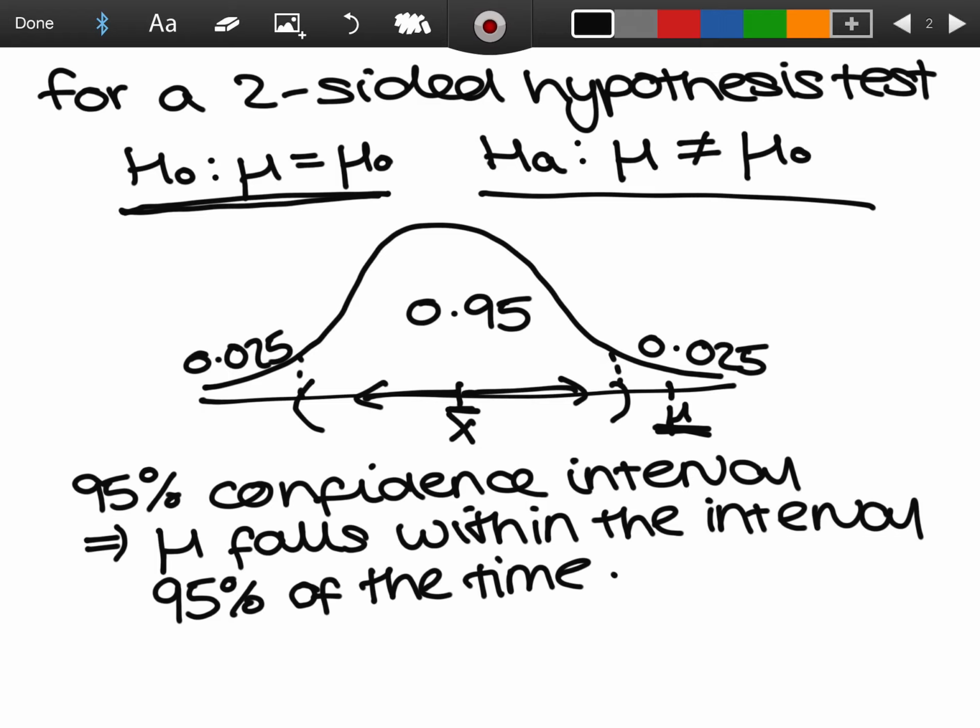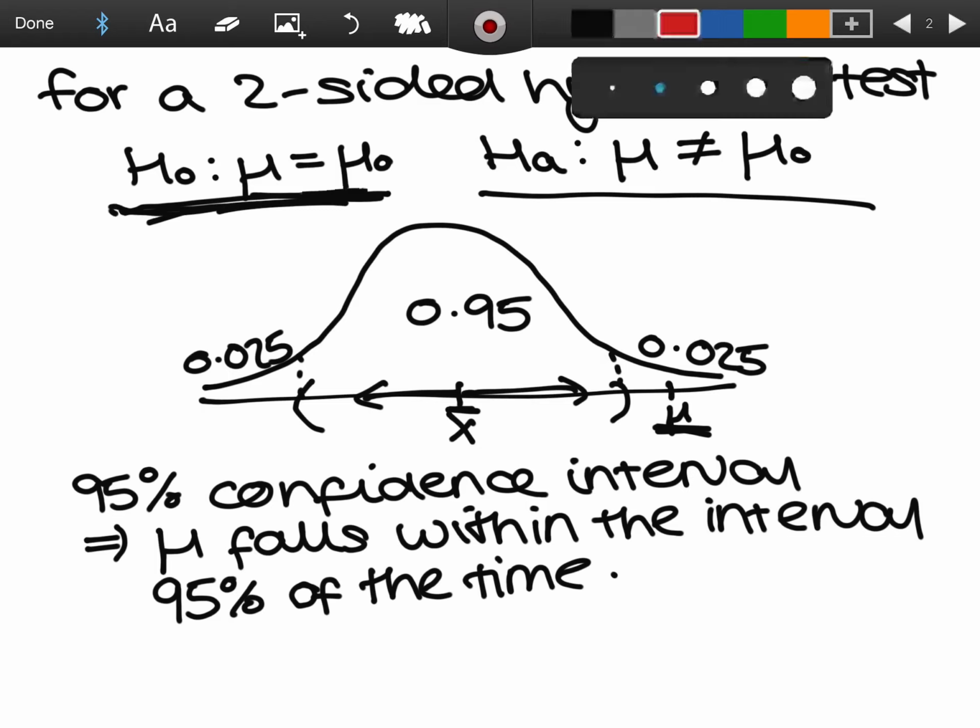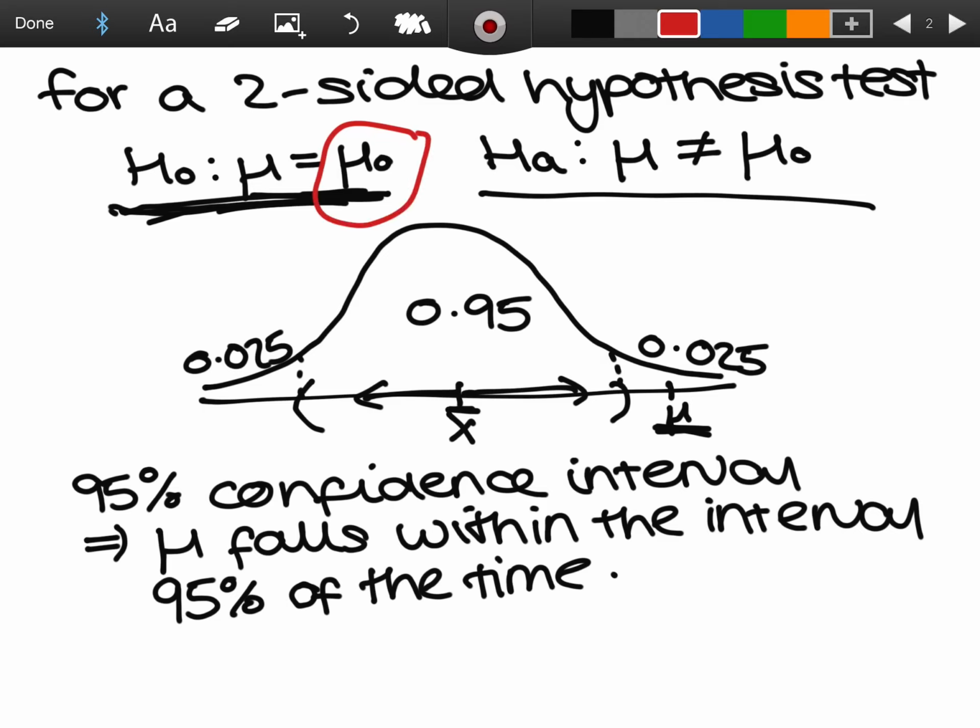Okay, so if you go ahead and calculate a confidence interval and that population mean that you thought you had falls outside of that range, it means that your sample mean and your population mean are just too far apart. And your sample mean is saying something that is way different from what your population mean is. Therefore, we can no longer consider this value to be our population mean, which means that we would have to reject our null hypothesis in favor of the alternative.